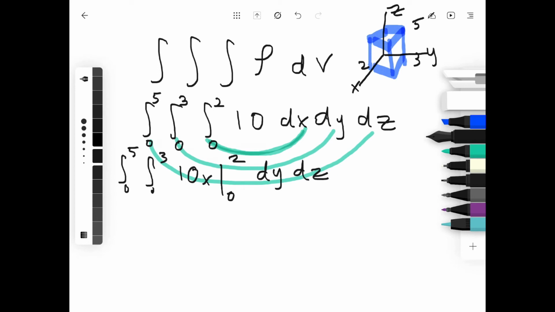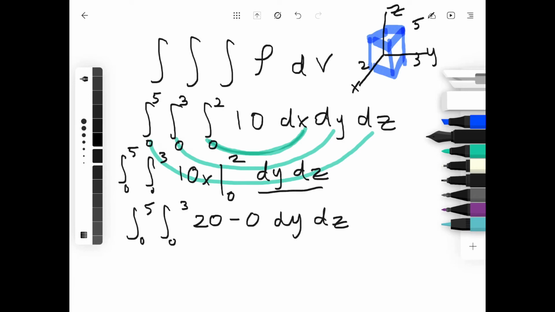And don't forget to always put these values, these outer parts here, because then it's easy to forget that you have those. So it goes 0 to 5, 0 to 3, this is going to be 20 minus 0, dy, dz.